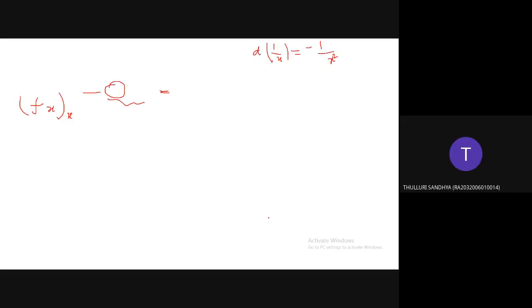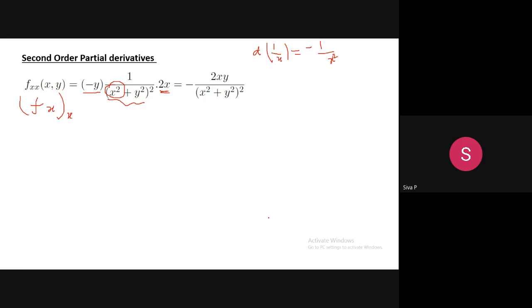Yes, your point is correct. So here we have to write minus, na? Therefore here plus, this type of mistake. Plus 2xy by x square plus y square whole square. Therefore, plus 1 by 2.